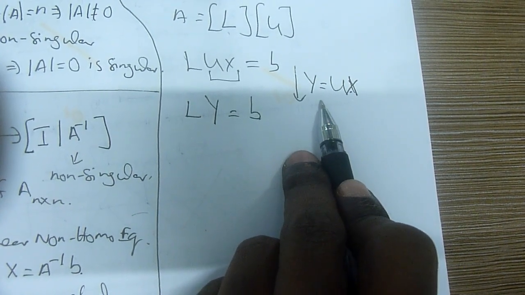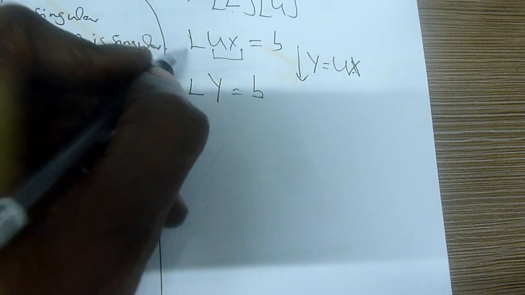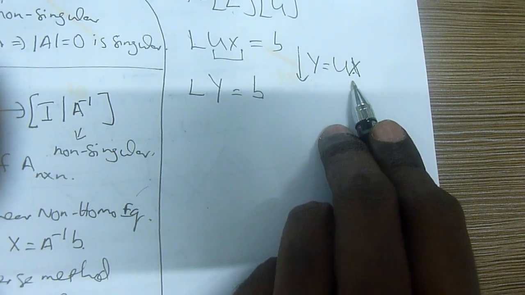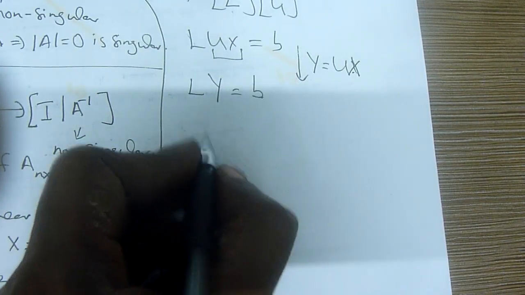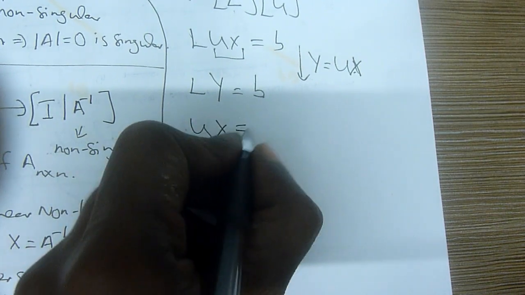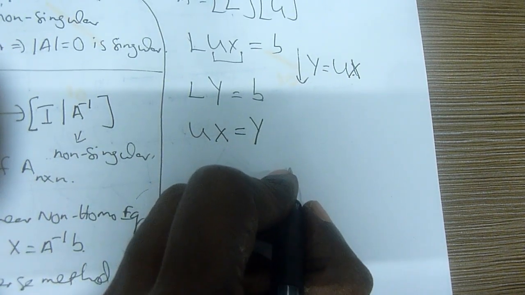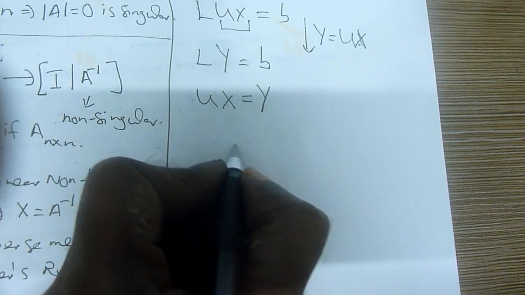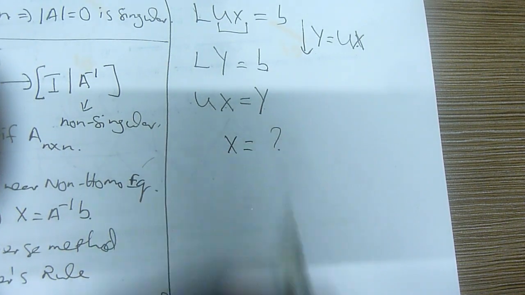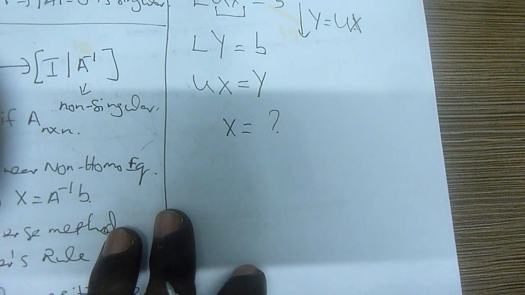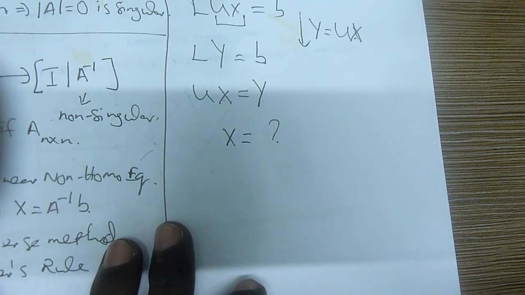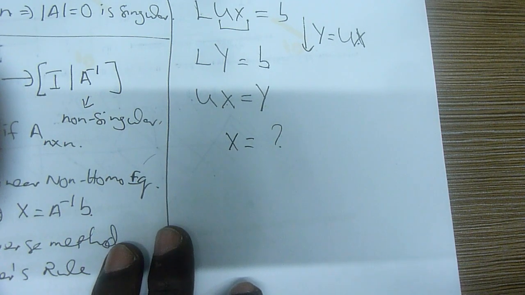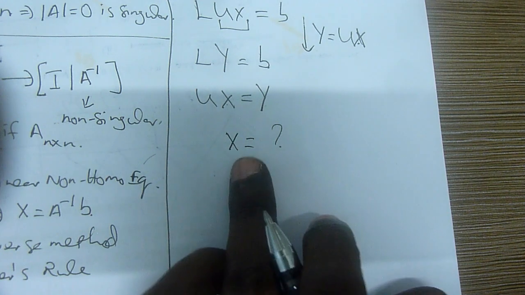After I've done that, this one becomes Ly = b. Now I need to solve y = Ux, that means Ux first as y, and I solve the x. Can you see that? Did you get what I'm trying to do here? We're going to do this systematically and solve one by one.